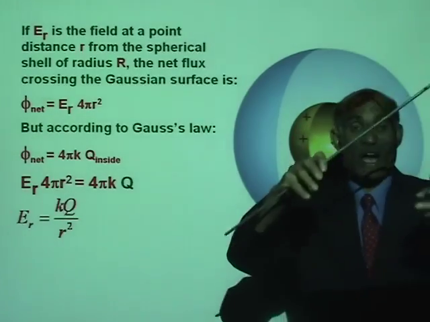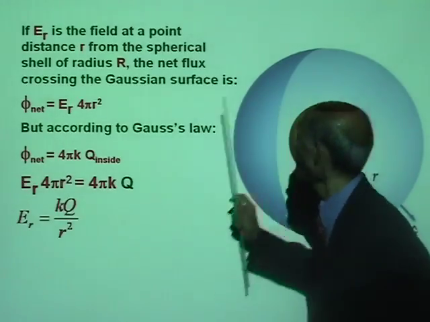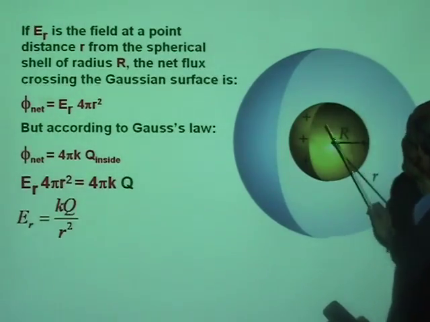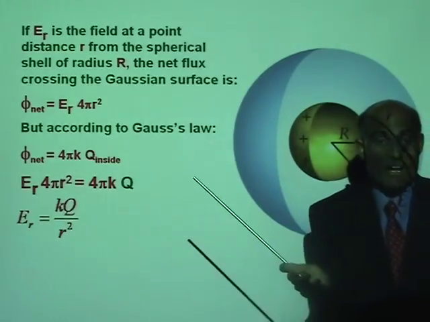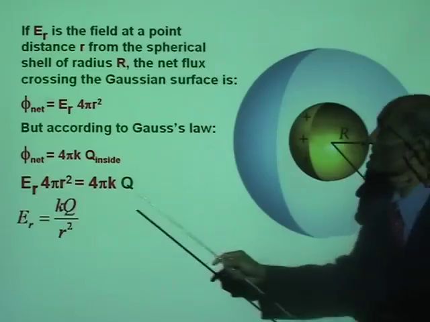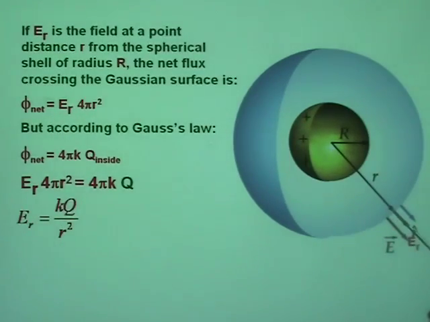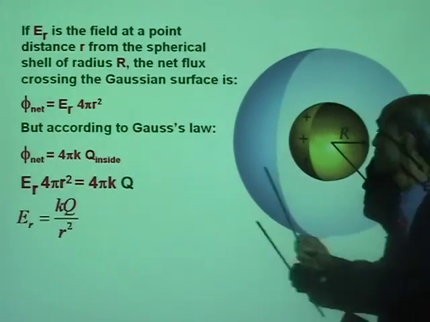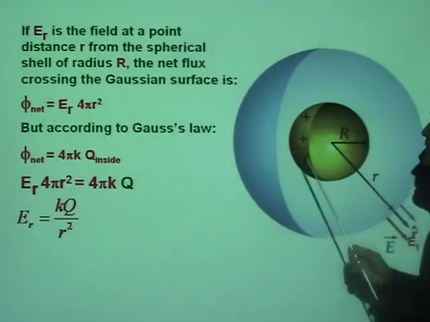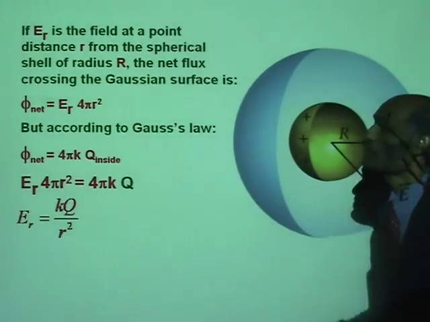Although the charges are distributed on the surface, the electric field at any point outside the shell behaves as though all that charge is concentrated at the center. The electric field at a distance r from the center of the shell, E sub r, is kq over r squared. That means as you go away from the surface, the field is going to decrease.